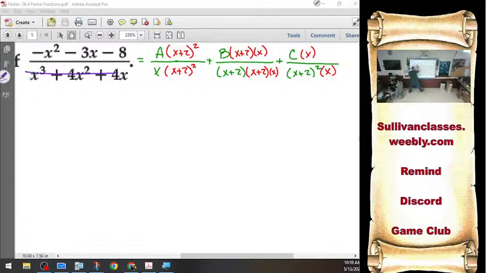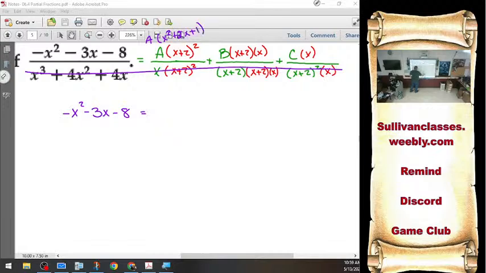So, multiply by that polynomial, all of my denominators go bye-bye. And I'm left with negative x squared minus 3x minus 8 is, careful, a times x squared plus 2x plus 1.